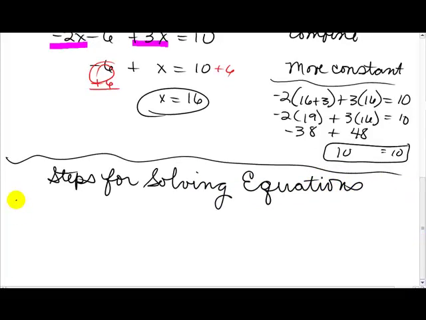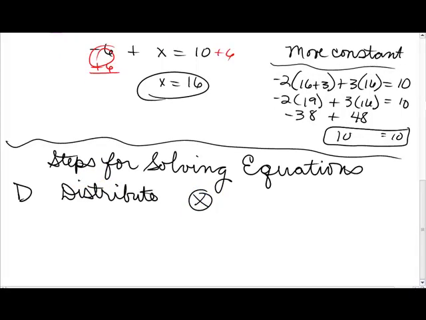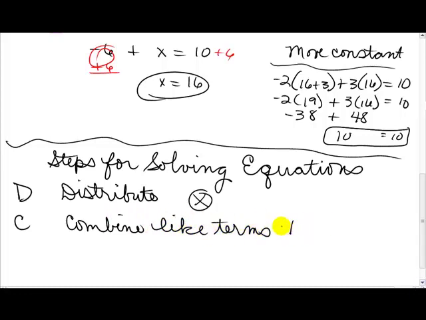The first one is D. Distribute. And what are you doing when you distribute? You're multiplying. Second one is C. Combine like terms. And what are we doing when we are combining? We are adding or subtracting.